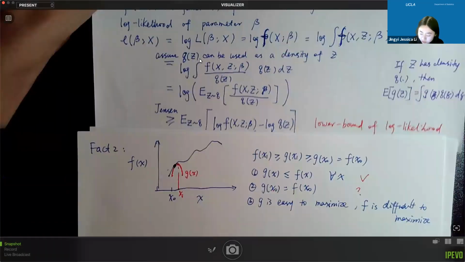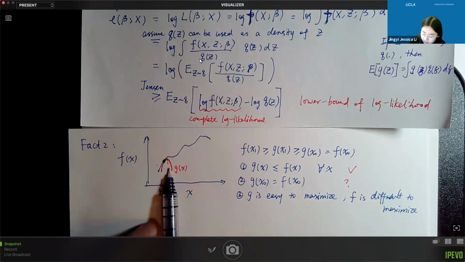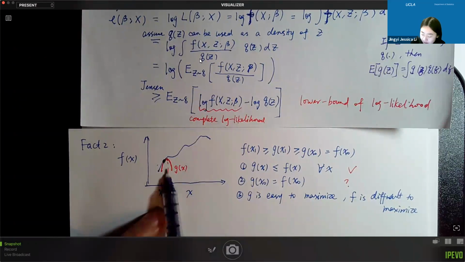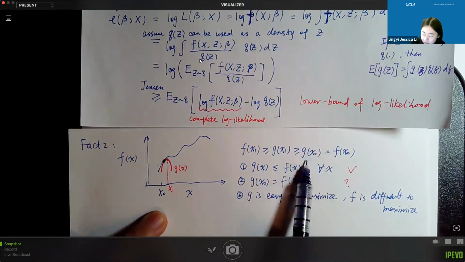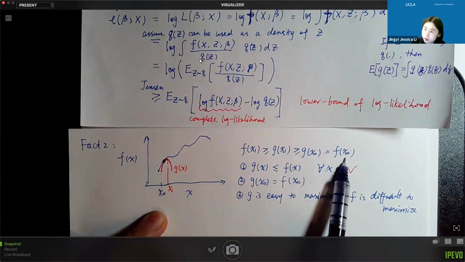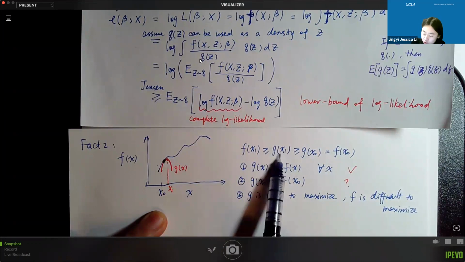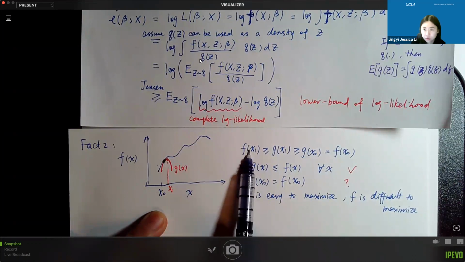If we have a lower bound g that's easy to maximize, and g and our target function f are tangent at this value x0, then we can just maximize g to update the value of x, to go from the current x0 to the new value x1 that maximizes g. And we can show that this new value x1 gives a larger value for f. So f(x1) will be greater than or equal to f(x0).